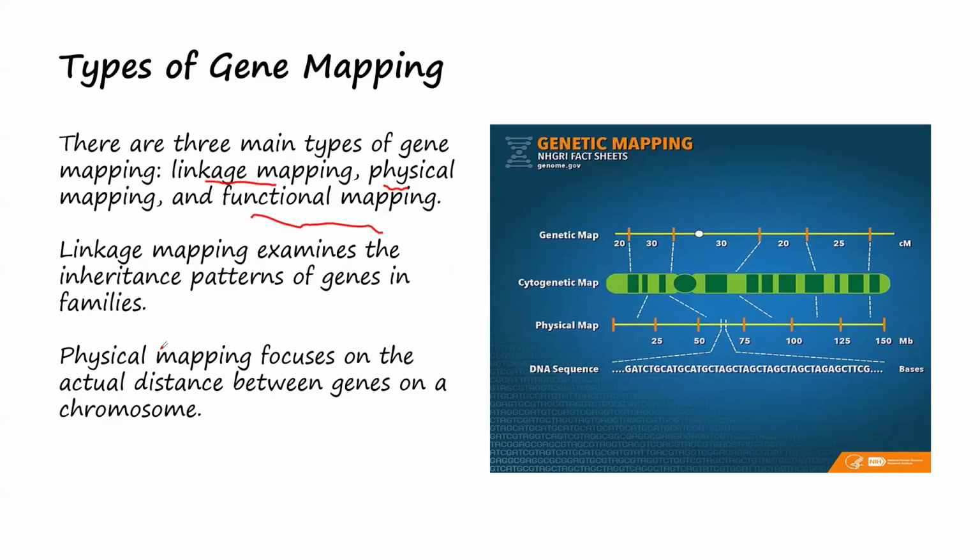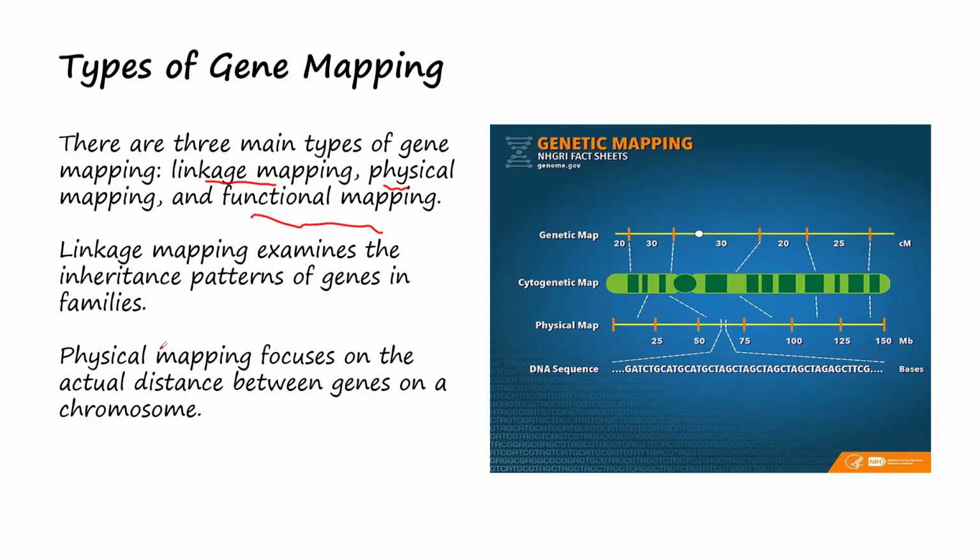Some genes don't exist alone, they exist as a family. So linkage mapping is a type of mapping that examines the inheritance patterns of genes in families.